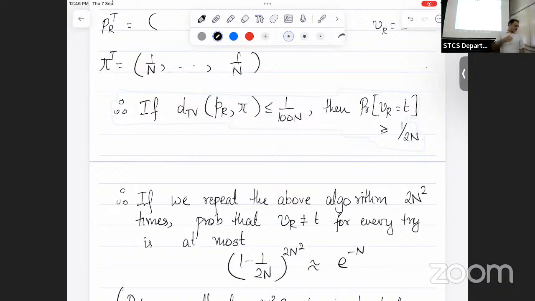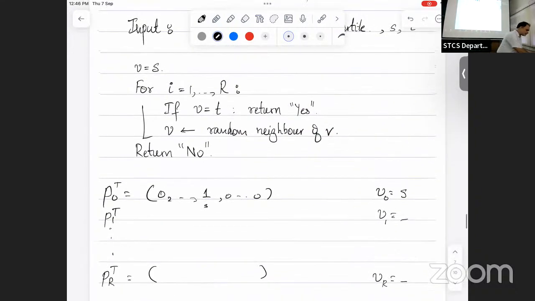Like 1 minus 1 over n, the whole power n, is like 1 over e. And there is an extra factor of n I added just so that this becomes exponentially small. So which means that with exponentially small failure probability, if you run this algorithm 2n squared times, you will definitely encounter the vertex T in one of those runs.